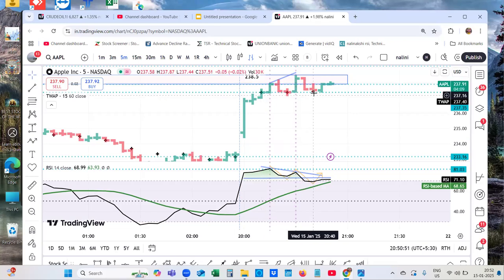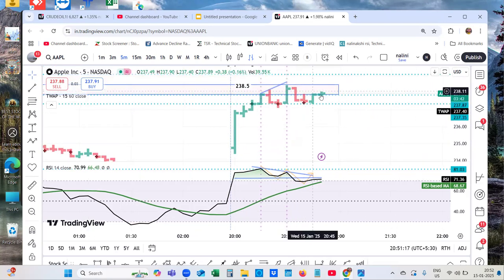Price has moved above this average price. Average price TWAP is not at all indicating any increase in the average price. It is not plotting anything. That means it is in the range. Price is just moving above the average price, but it is not confirmation.